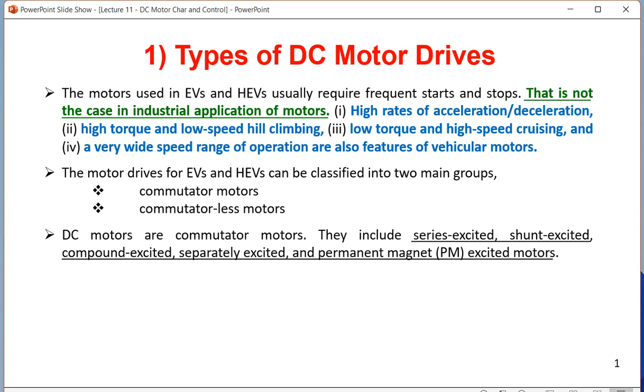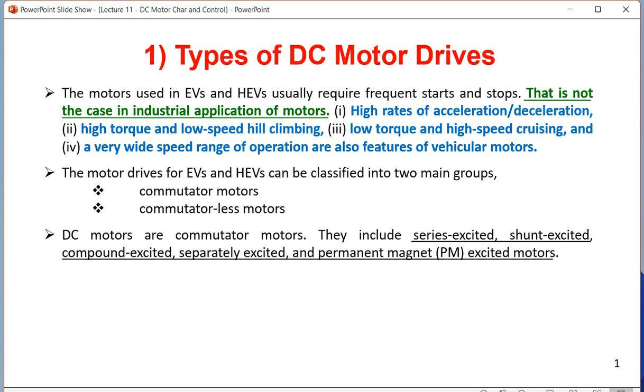In separately excited motors, field and armature get supply from two different sources. In that case the controllability becomes better. So for armature voltage current control, which we will see at the end of this lecture, we are going to use a separately excited DC motor. What is meant by a permanent magnet excited motor? In this case, instead of the field coil, we actually use a permanent magnet.